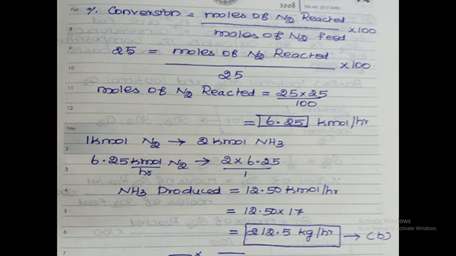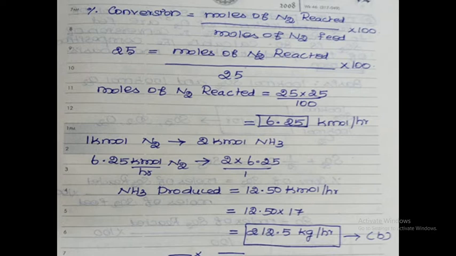Ammonia produced is equal to 12.50 kilomole per hour. This is the ammonia produced on a mole basis. But the question asks for ammonia produced on a weight basis, kg per hour. So kilomole is converted into kg by multiplying with molecular weight. Molecular weight of ammonia is 17. So 12.50 into 17 is equal to 212.5 kg per hour.